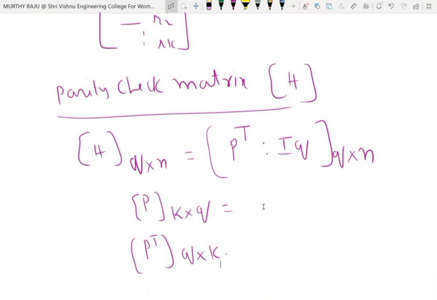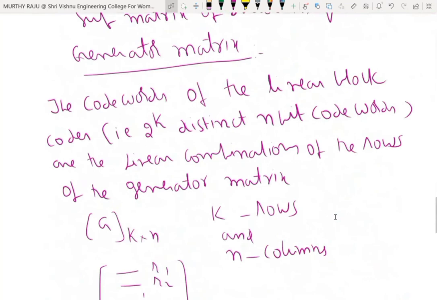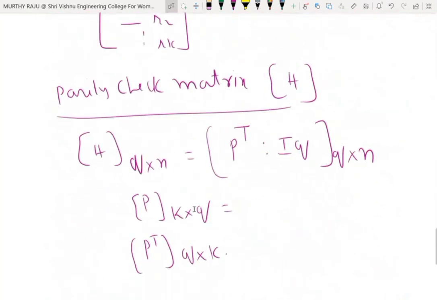The generator matrix has k rows and n columns. The linear combinations of its rows are nothing but the code words of the linear block codes.